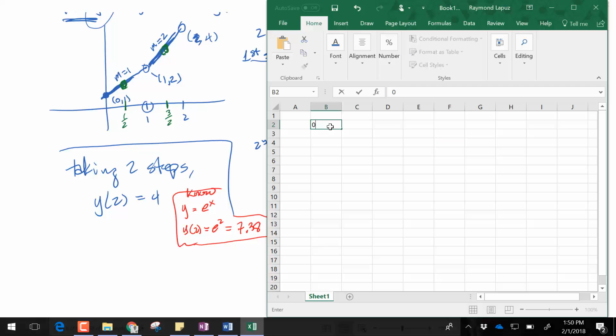We're going to start off with x and y. And then we're going to start off with the initial condition. So this is the 0th step, first step, second step.